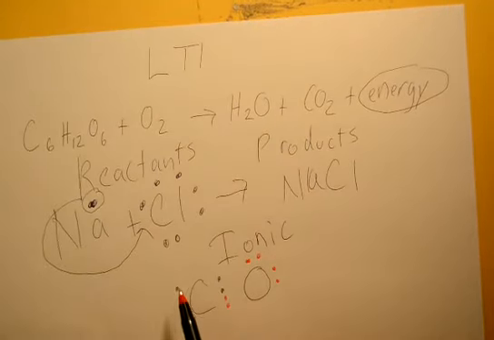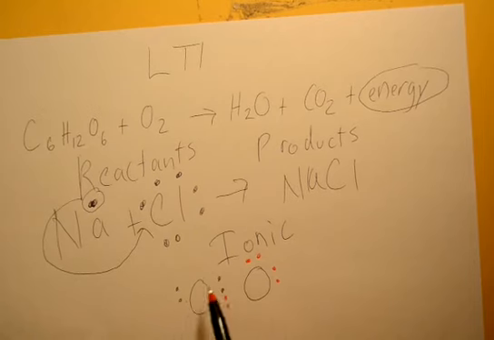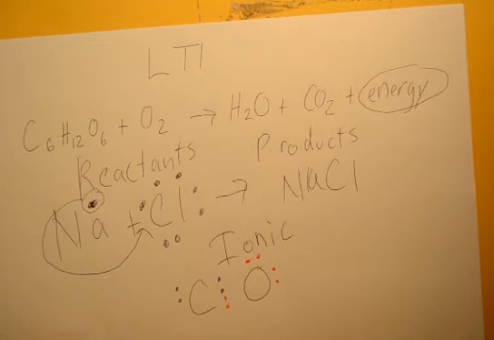So if you see here, carbon has 1, 2, 3, 4, and when it shares with oxygen, it has 6 now. Oxygen has 1, 2, 3, 4, 5, 6, and since it shared 2 more electrons with carbon, it's going to be complete.